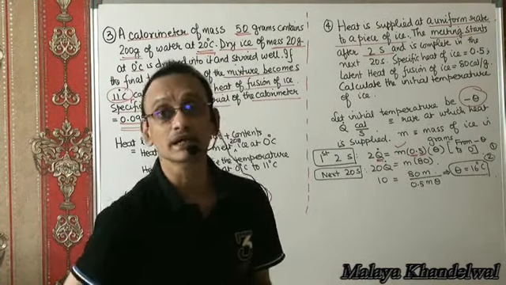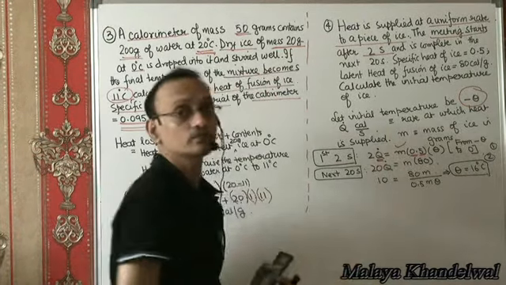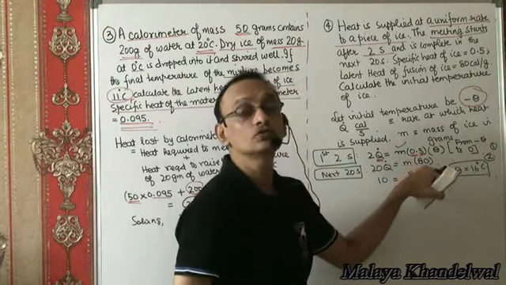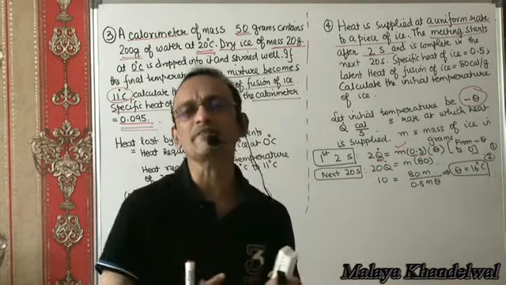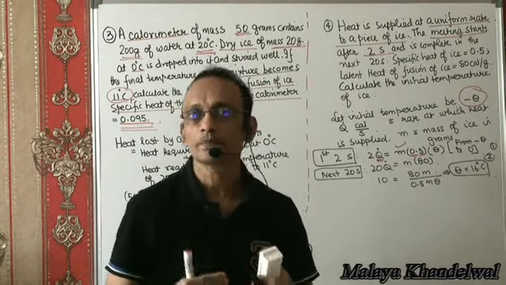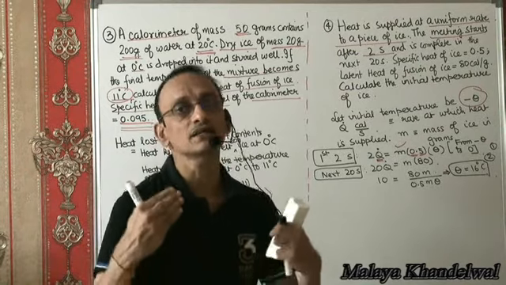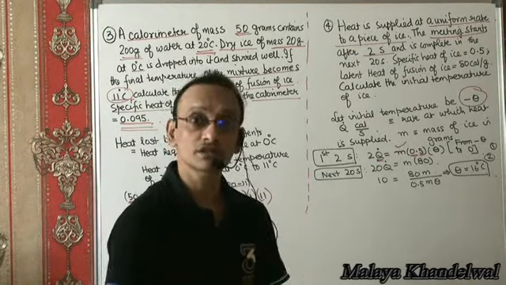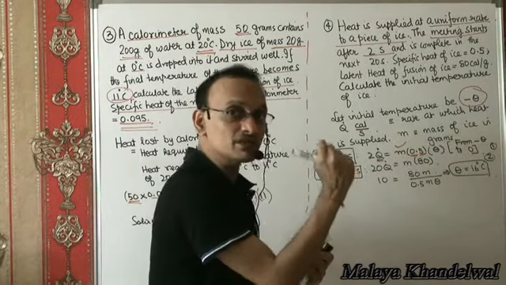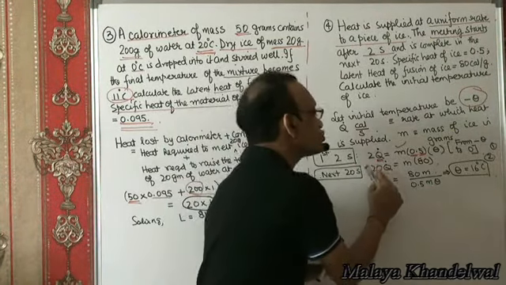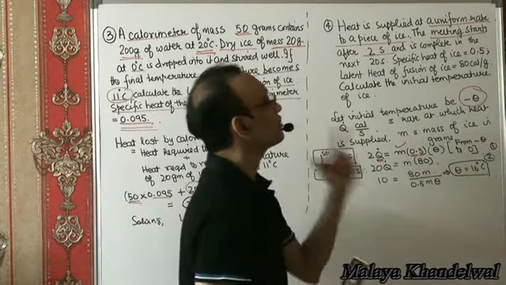In the next 20 seconds, what happens? The heat supplied is going to be 20 Q dot, and that's going to be mass into latent heat, which is 80 calories per gram, because once having reached 0 degrees, melting would commence. Q dot is a constant, calories per second. In 20 seconds, 20 Q dot would be mass into latent heat. Yes or no?